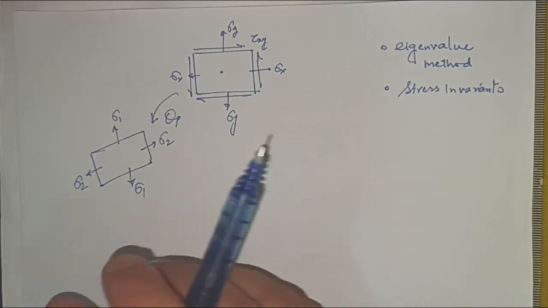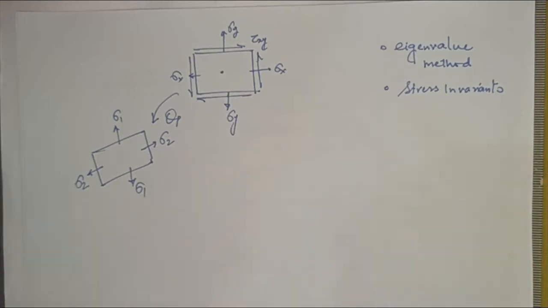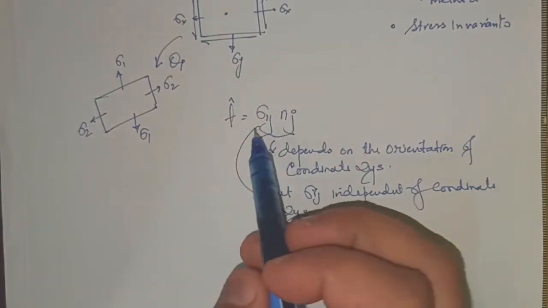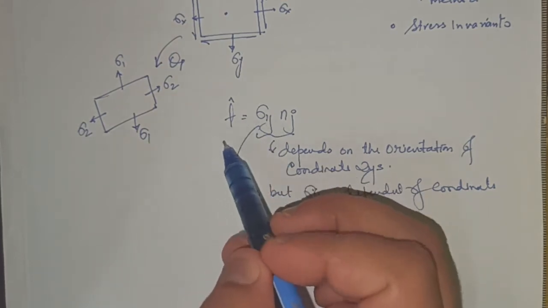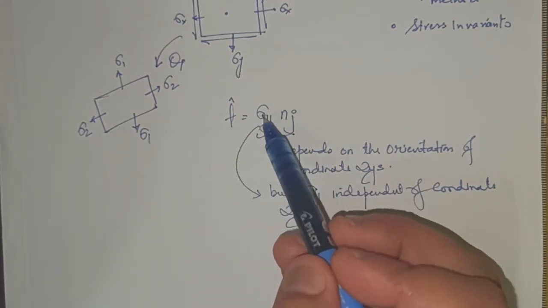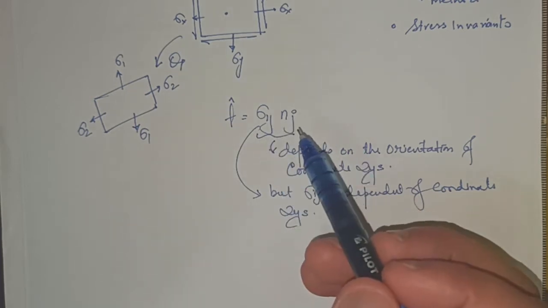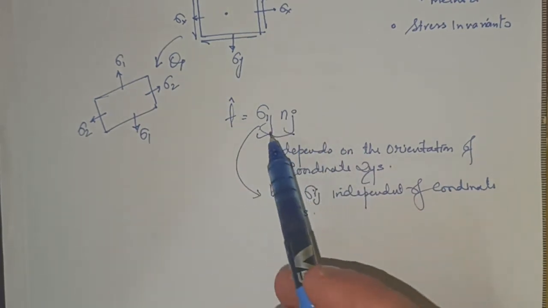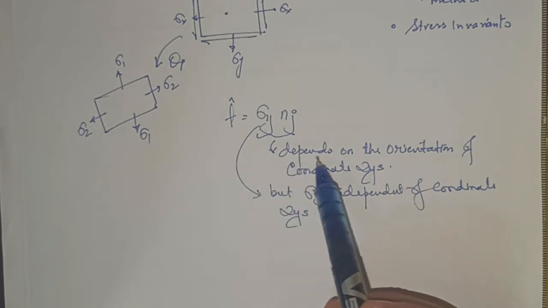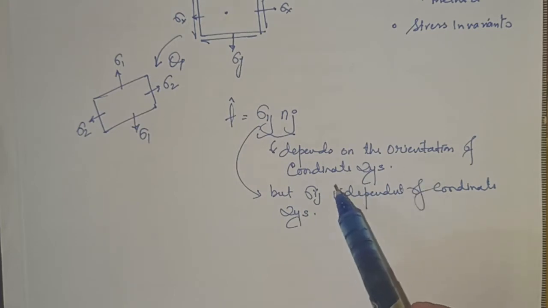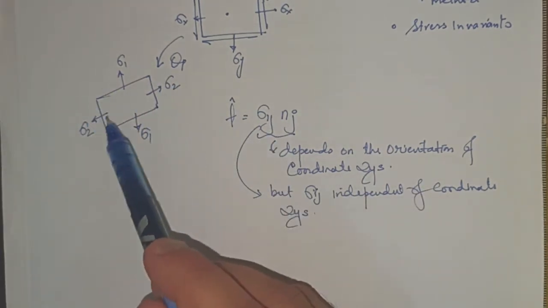So we will be looking towards this in a more general way. Now you know that we have a stress vector which is equal to the stress tensor and its unit normal oriented at a particular direction. The stress vector as a whole depends on the orientation of the coordinate system, the way our coordinate system is oriented.